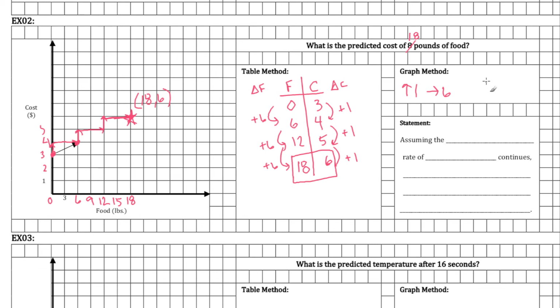And then that got us to 18, 6. So assuming the constant rate of change continues, 18 pounds will cost $6.